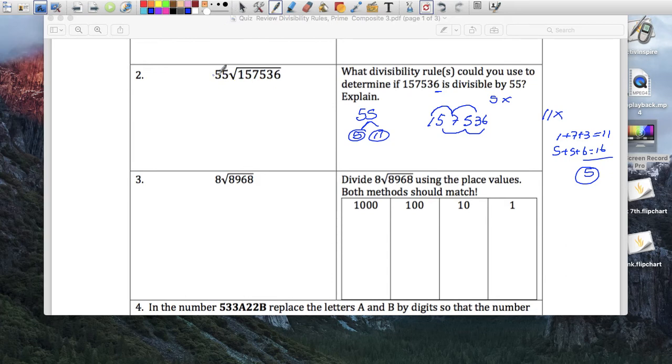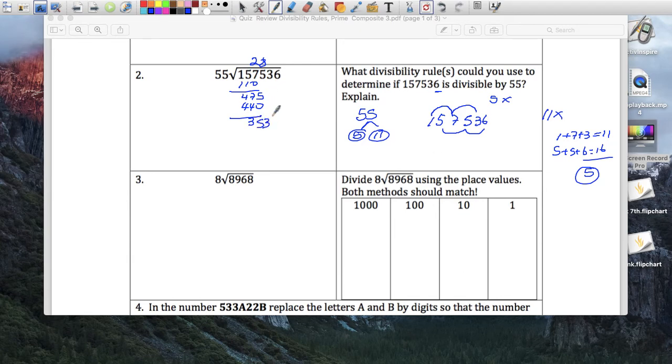Okay, so let's see if I can do this right. 55 into 157, 2 times, 110. 47, bring the 5 down. I think that's going to be an 8. I'm not too sure. I'm going to do it on the side here. 55 times 8, 440. So 475 minus 440, 35 left over.